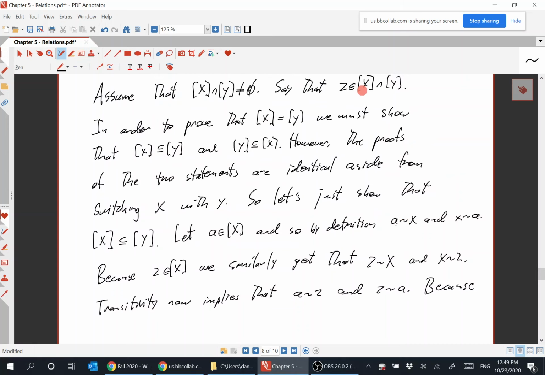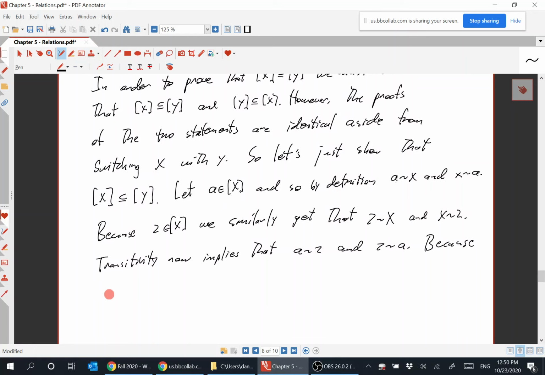It's in bracket X, but it's also in the intersection of bracket X and bracket Y, right? So Z is not only in bracket X, it's also in what? Bracket Y, which makes it related to Y.